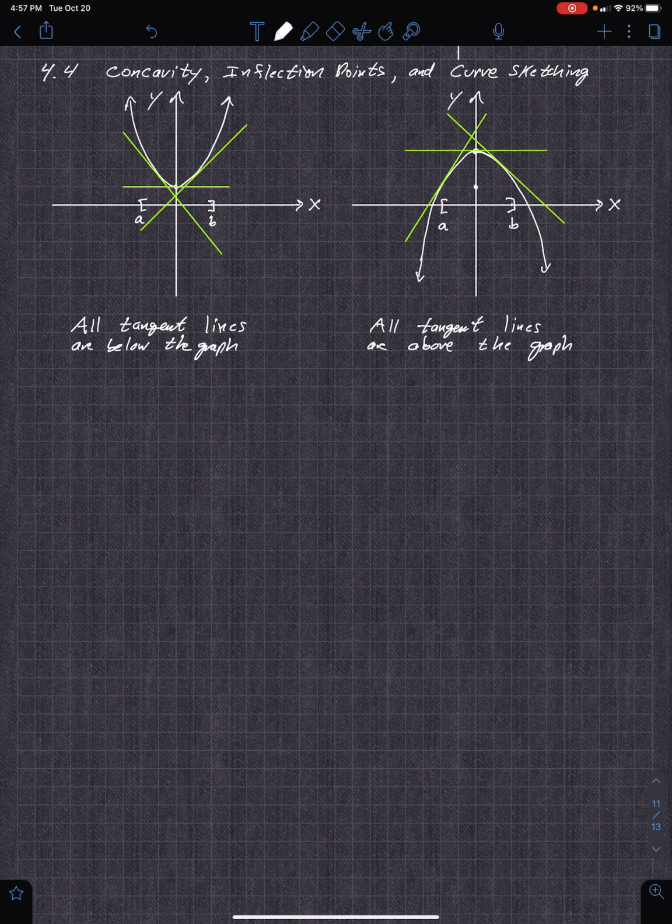We'll call that interval I, and you can see that all tangent lines are above or below the graph respectively on that interval. In the way I drew it, it's really on all reals, since the graph just opens up. But a graph might do something else over here, so generally you talk about this on some interval.